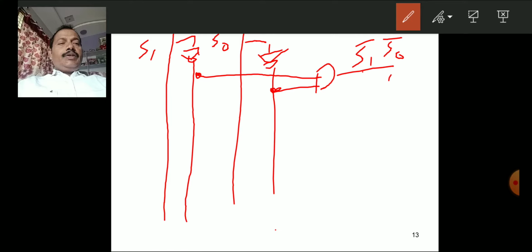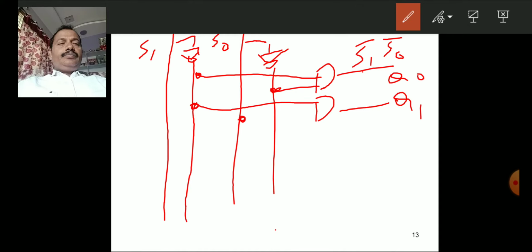So this is the Q0 output. Similarly, Q1 output is S1 bar and S0.